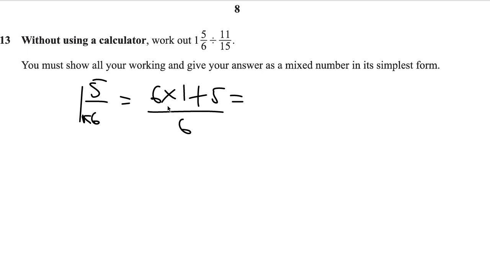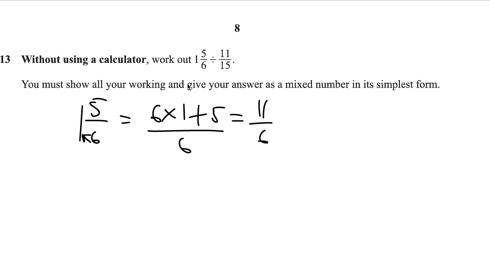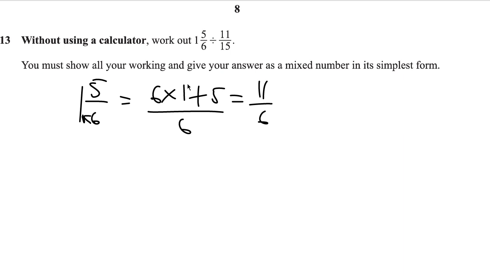So 6 times 1 is 6, 6 plus 5 is 11, giving 11 over 6, a complete fraction. So that's going to be 11 over 6 divided by 11 over 15.